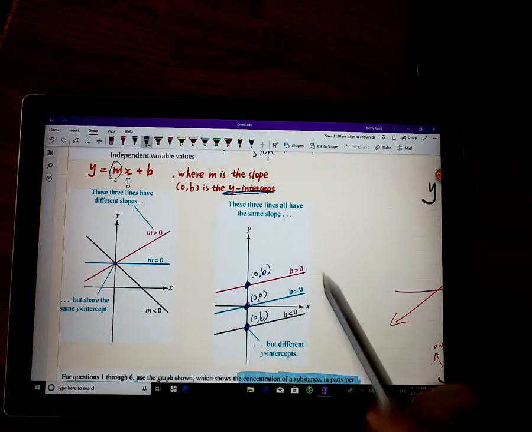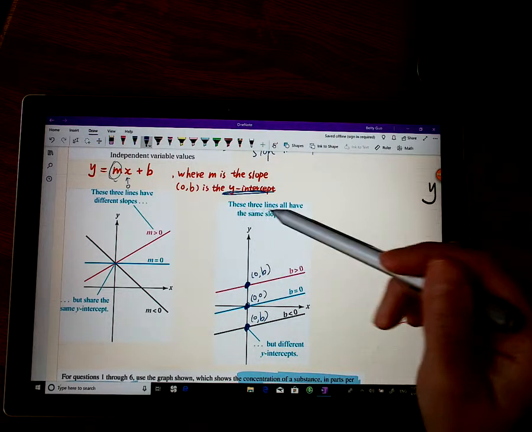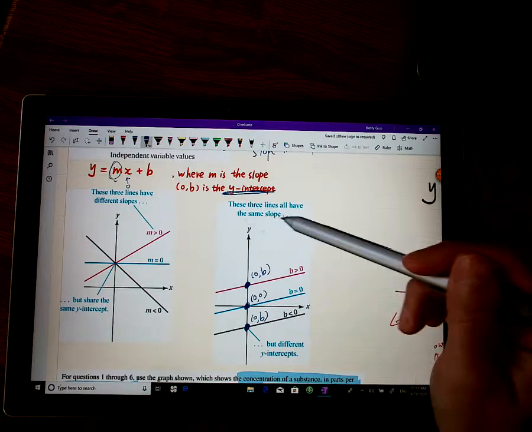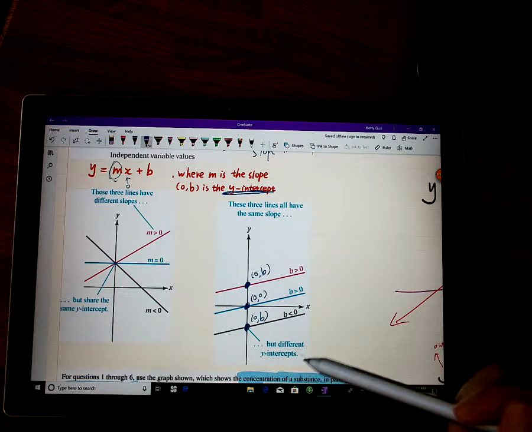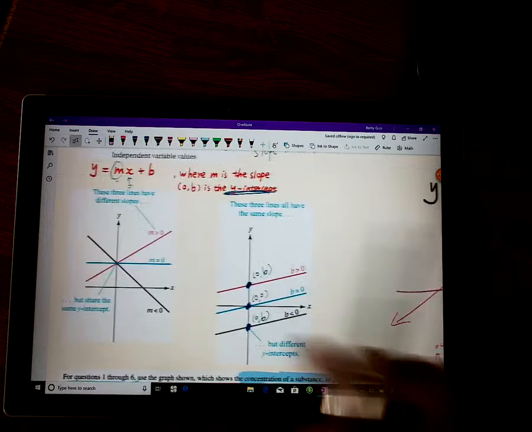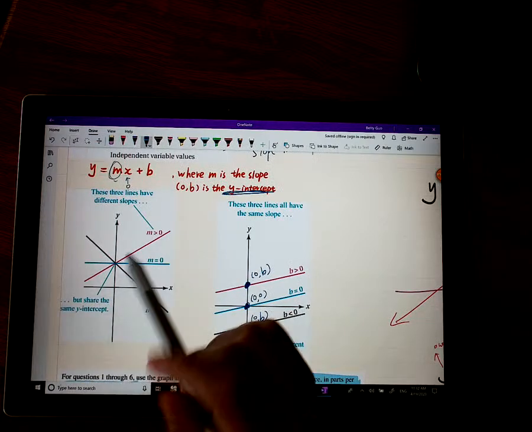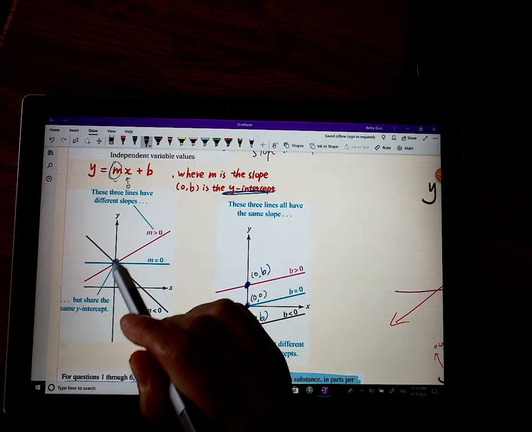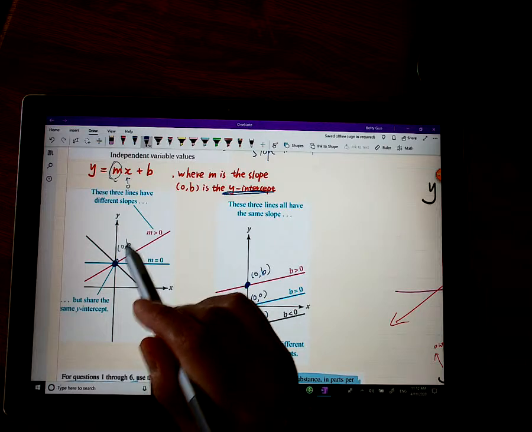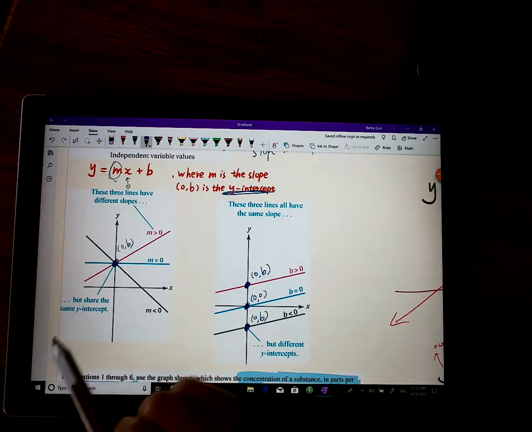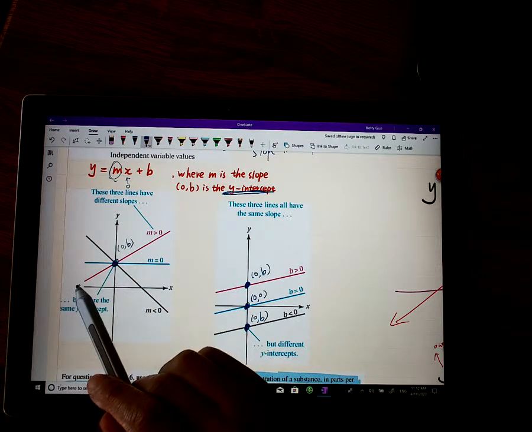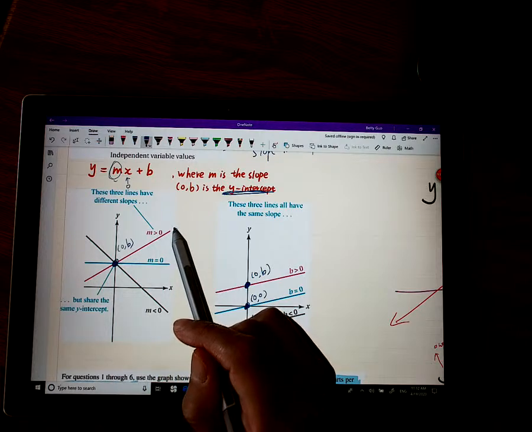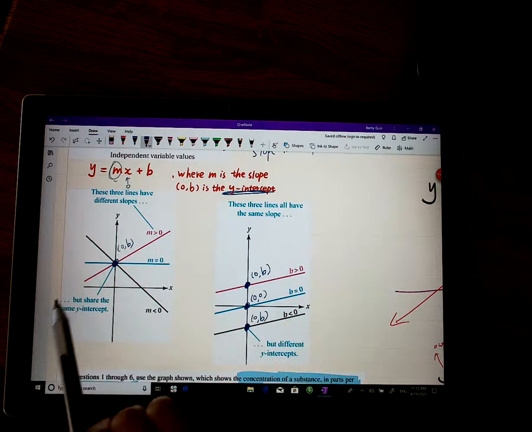So these three lines all have the same slope, but different y-intercepts. And those three straight lines have the same y-intercept (0, b), but different slopes.